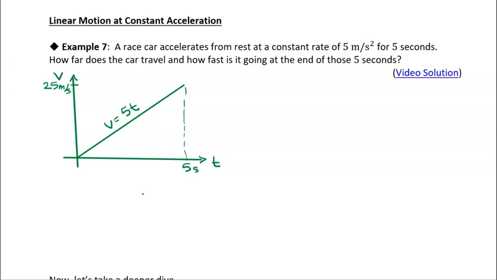So now we want to find how far the car travels in this time period, and how fast it was going at the end of the 5 seconds. Well, we just figured out how fast it was going, because velocity was increasing by 5 meters per second every second, so we're going to be at 25 meters per second.